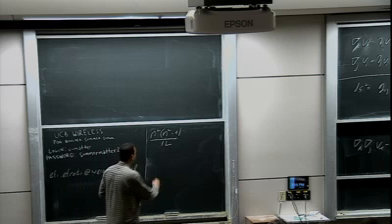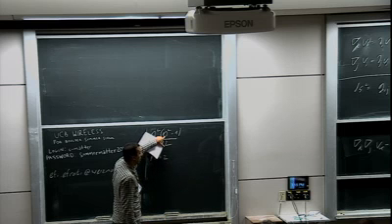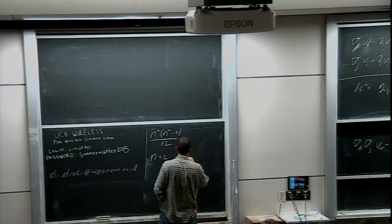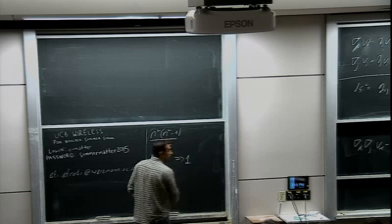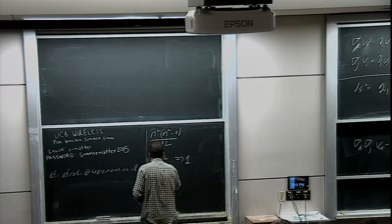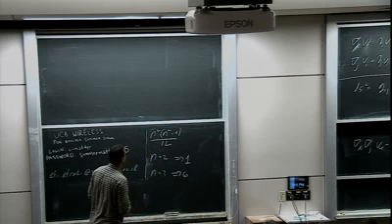If n is 2, then we have 4 times 3 over 12. It's just one component, called the Gaussian curvature. And if n is 3, then we have 6 independent components.